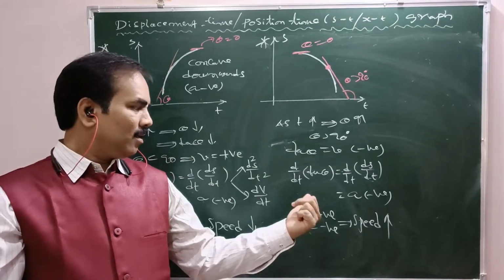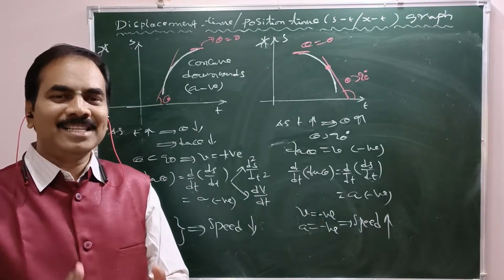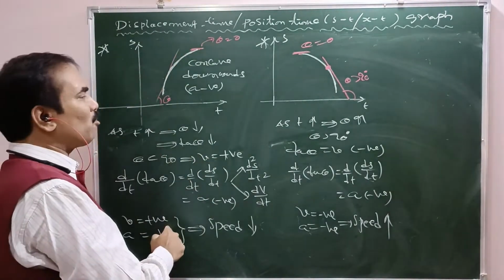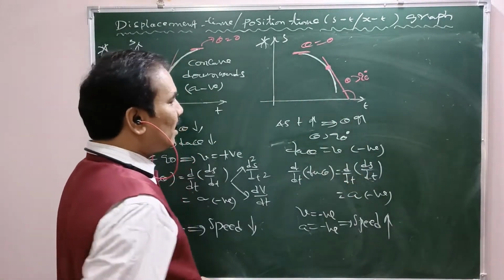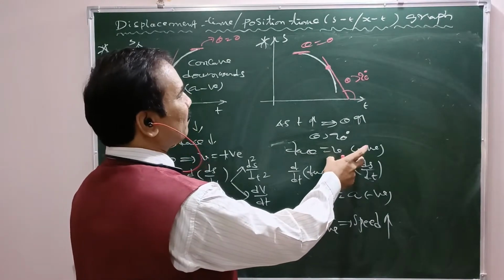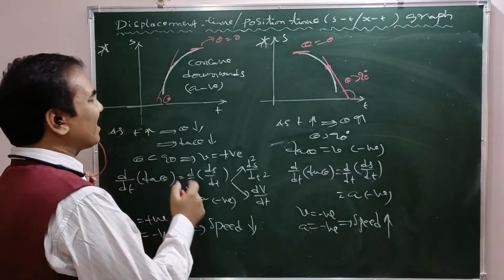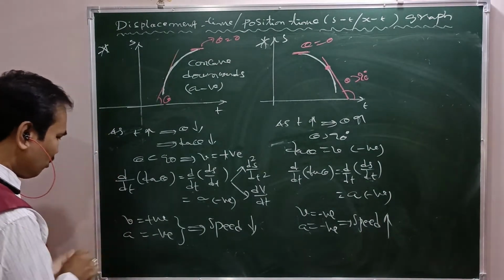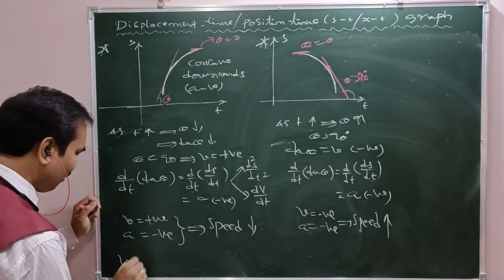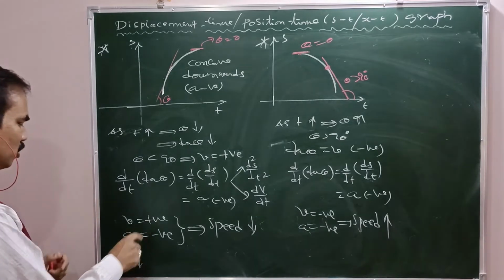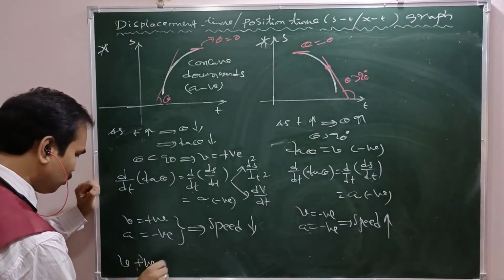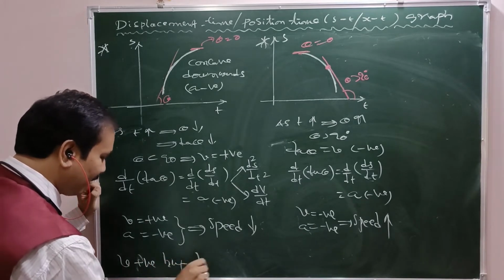Acceleration is negative. That is the common factor. In the previous case velocity is positive but decreasing. In the next case velocity is negative but increasing.